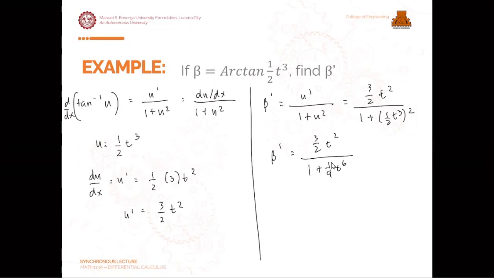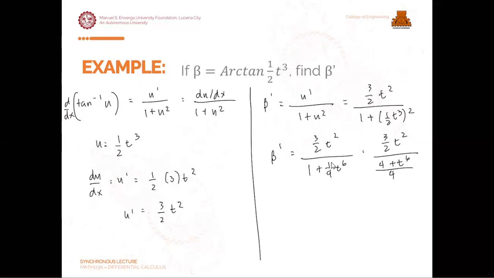Then combine the denominator: we have 4 plus t to the 6 over 4.